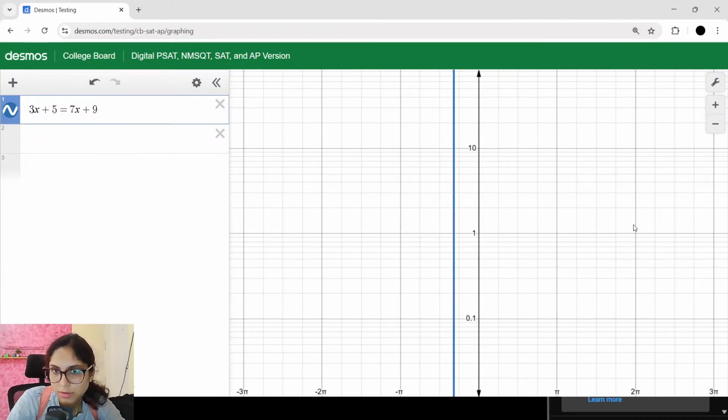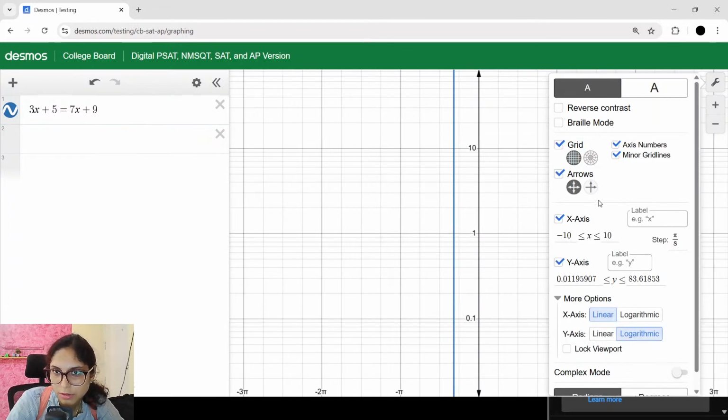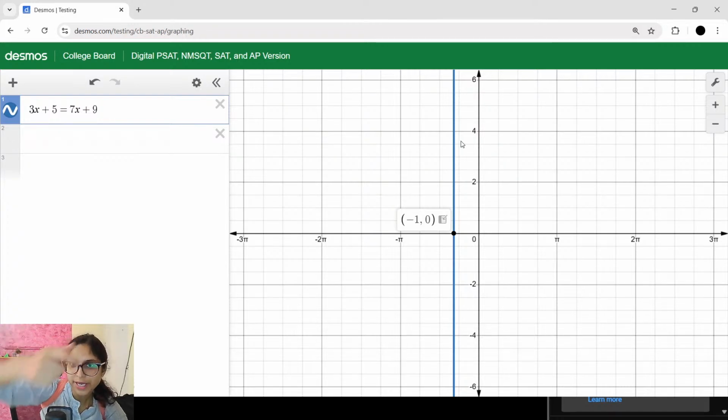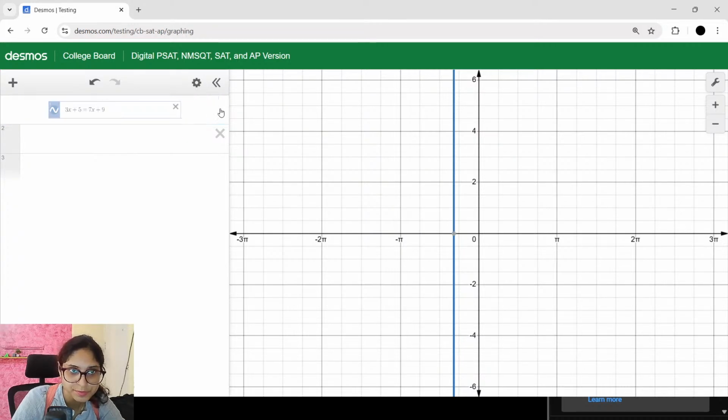Press home. Let's make it linear and linear. Yeah. You can see the answer is -1. So this is the x, because we're looking for the x value, it's -1. So the value of x is -1 over here.